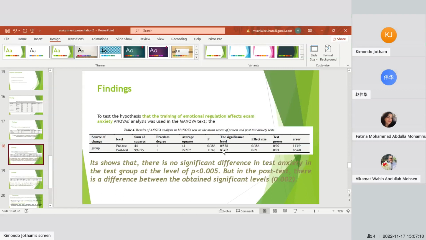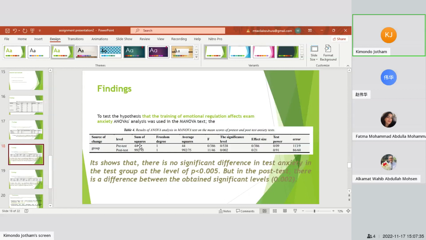Okay, the significance level here, you can see, is 0.538. So it shows that there is no significant difference in test anxiety in the test group at the level of P, but in the post-test, there is a difference, with the obtained significance level being 0.02.